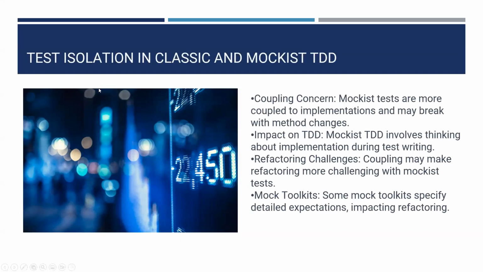Test isolation in classic and mock TDD. This is an essential aspect of TDD: test isolation. The impact of bugs in classical and mockist TDD. In mockist TDD, bugs usually impact only tests related to the buggy object, while in classic TDD, bugs can cause a ripple effect across the tests using that object itself.